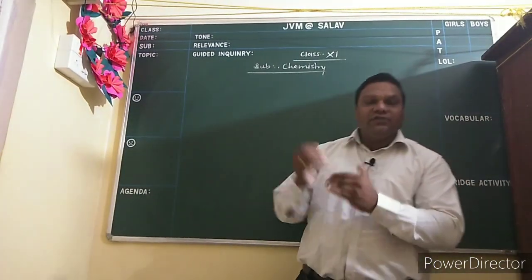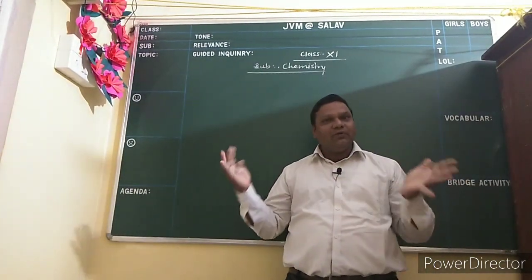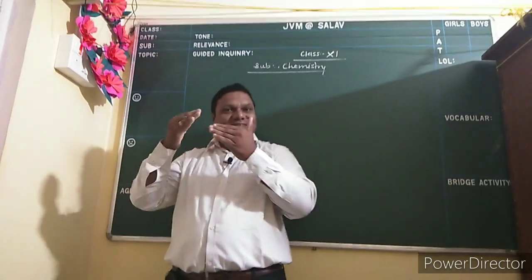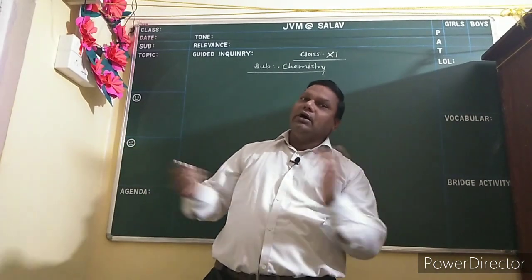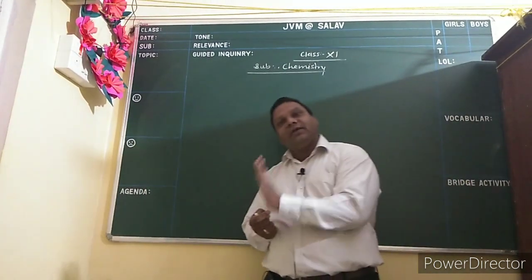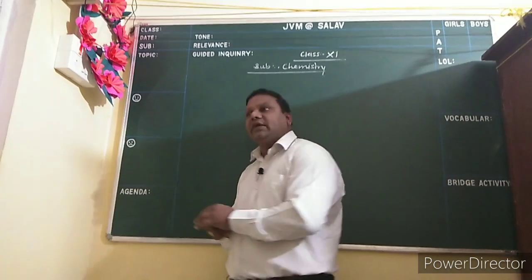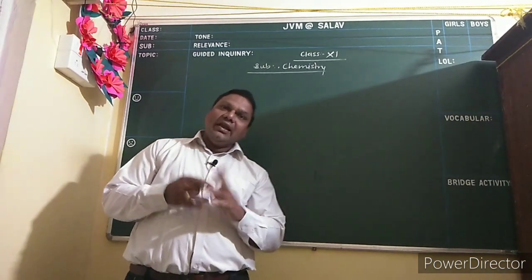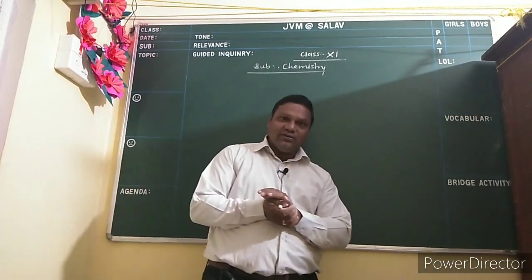But here, when you select the science stream, the science subject is classified into three major subjects: physics, chemistry and biology, and each subject's weightage will be 100 marks. Okay, so welcome to class 11 science.